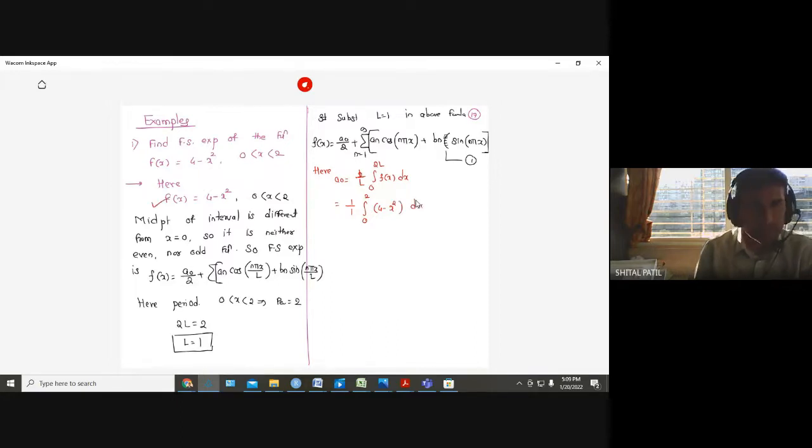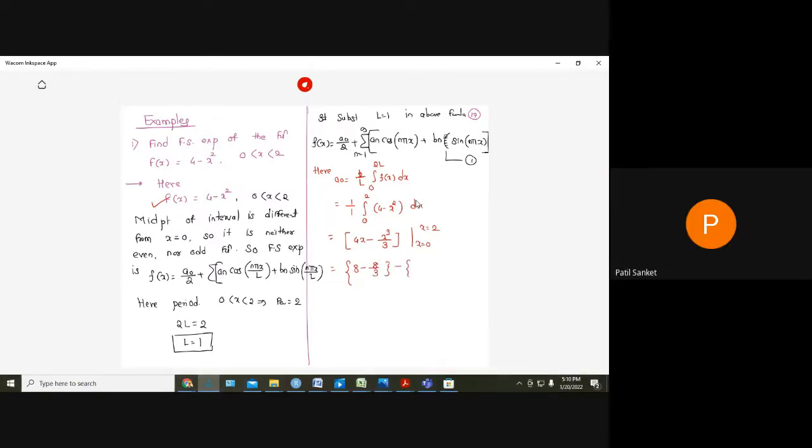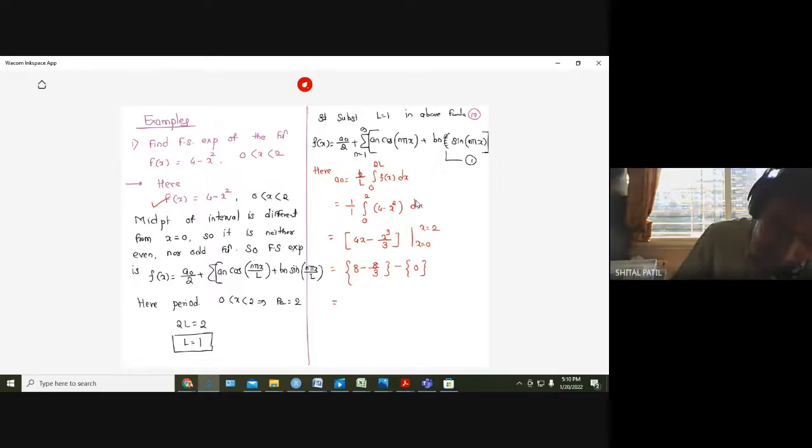Here we have defined it. F of x equal to 4 minus x square. Integrate. Upper limit 2. 8 minus 0, 8 by 3. 16 by 3. Absolutely, this is A naught.